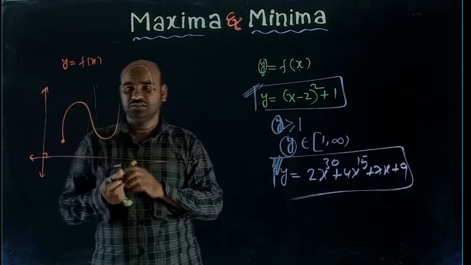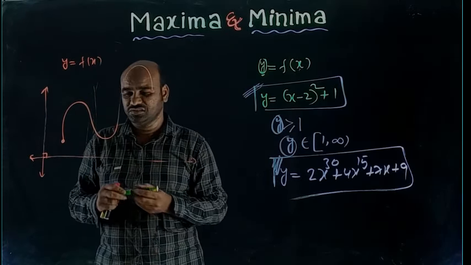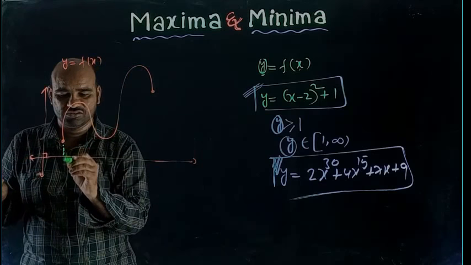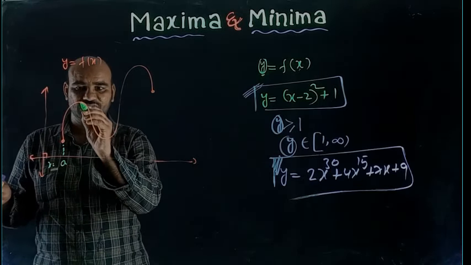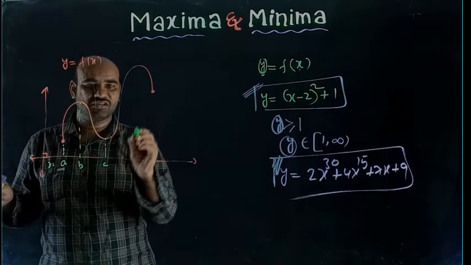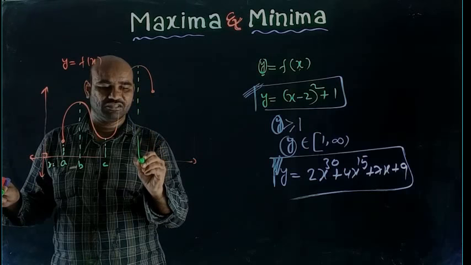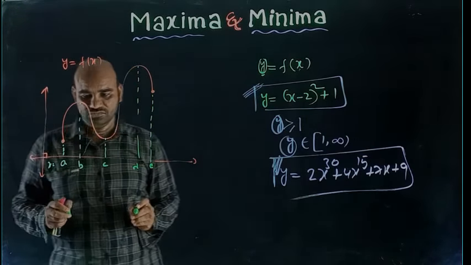Observe here. This is the graph of y equal to f of x. Simply I am writing x equal to a, x equal to b, x equal to c, x equal to d, x equal to e.